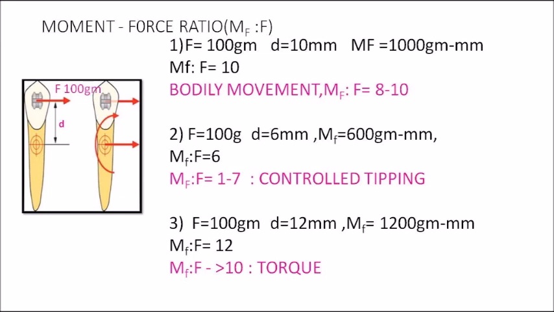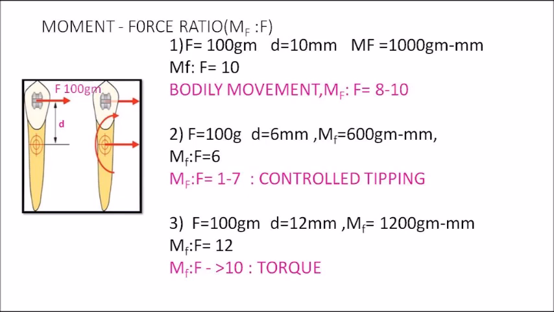So if the ratio is more than 10, it will bring about torquing moments or root moments. Please remember, initially when we were talking about torquing moments, the center of resistance was most incisal. So if the distance is 12 millimeters and the ratio is more than 10, then the torquing moment will be achieved.